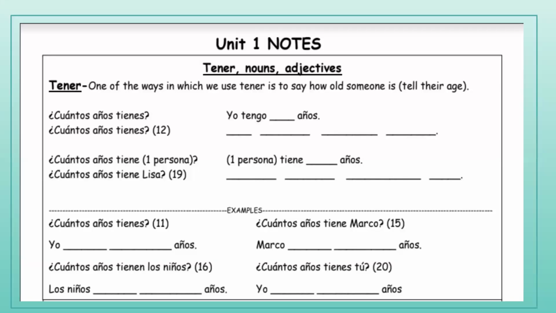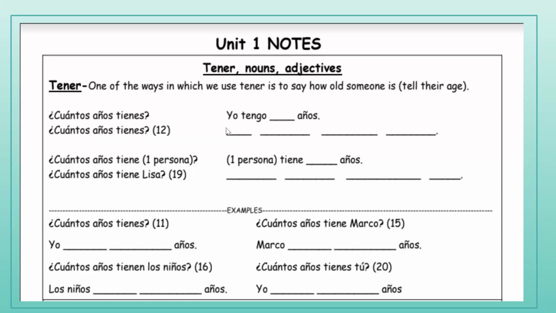All right, let's do a little bit more practice to put both of those components together to make sure you really understand it. All right, so here are some notes. You don't have to write the complete sentence if you don't, but where the dash marks are, that's where you want to write your answers. So our first one is ¿Cuántos años tienes? And they have the number 12 in parentheses.